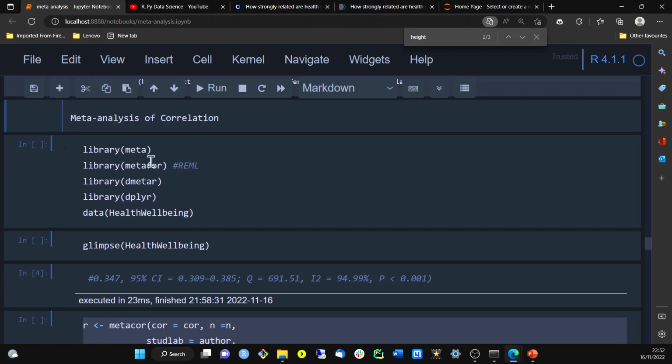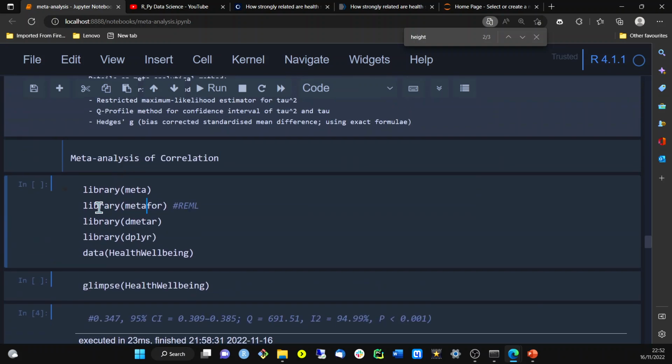Then what we do, as I said, is meta-analysis of correlations, and for that we need some packages. So one package is meta, because that's the function that we want to access, the metacor function. And then here we need also to load meta4 because we want to access the restricted maximum likelihood, that's the tau square estimation method.